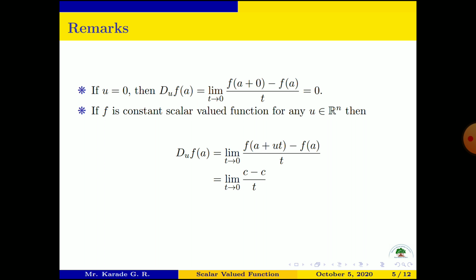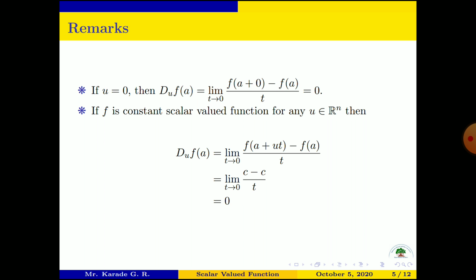As the function is constant, for any input of an argument we get only c. As f is a constant function, we put c minus c divided by t, so c minus c is 0, and that's why the limit is 0.